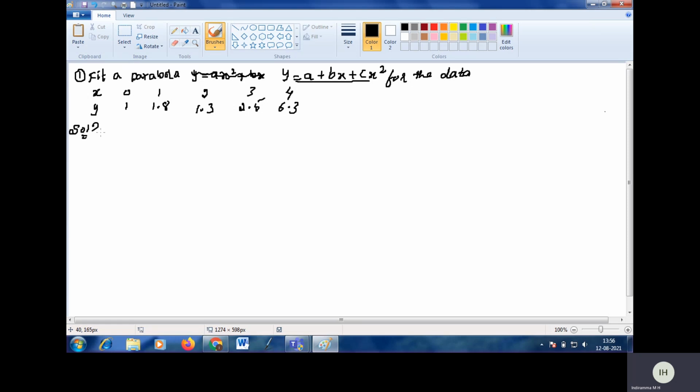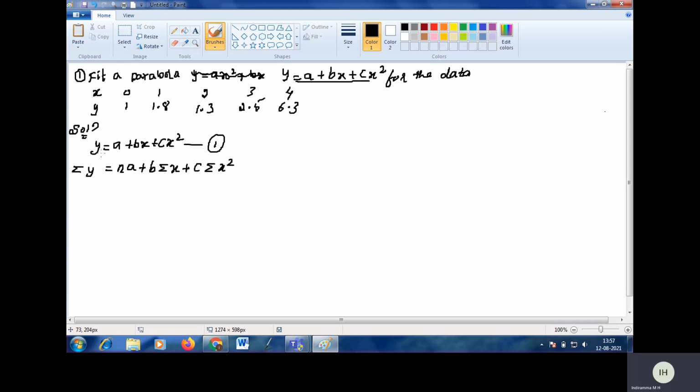First you consider the parabola in the form y is equal to a plus bx plus cx square. Call it as equation number 1. Now take the summation to get the normal equations. Summation of y is equal to n into a plus b into summation of x plus c into summation of x square.